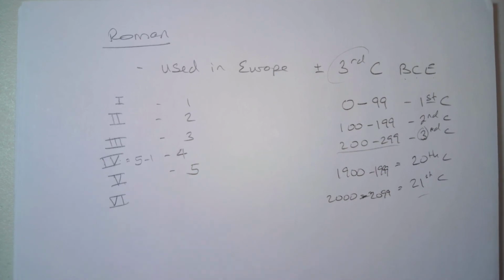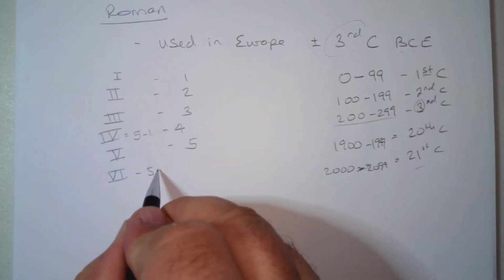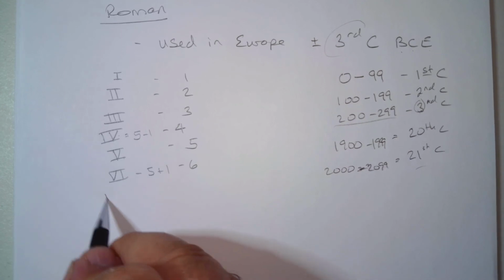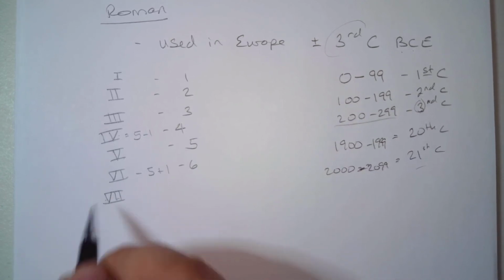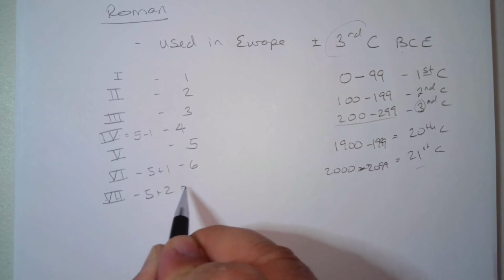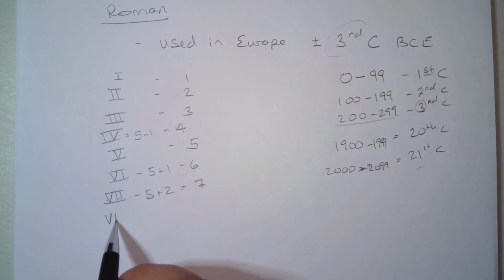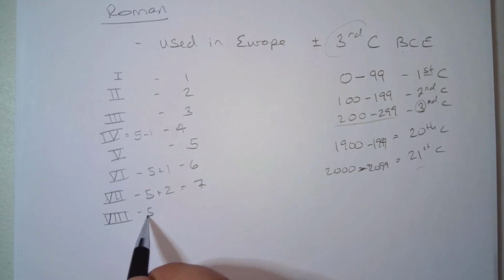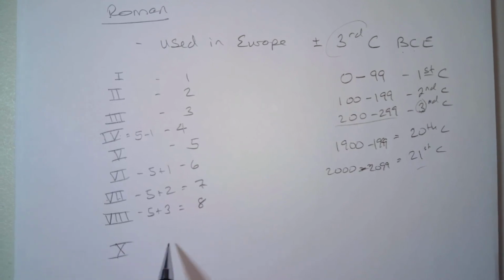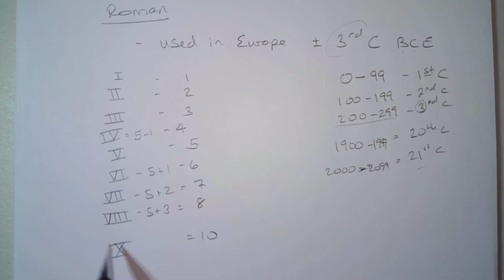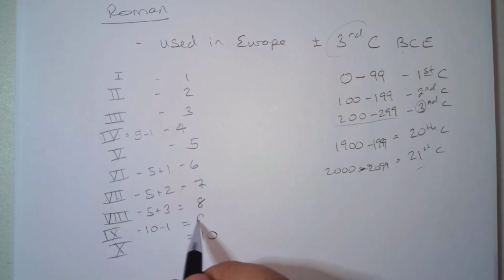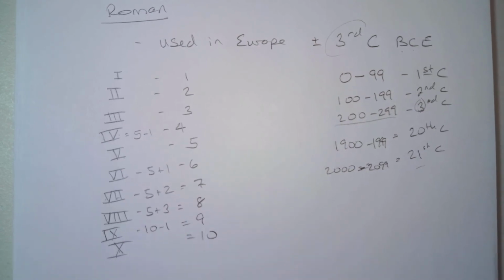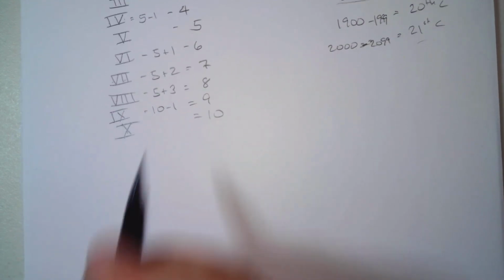If you have the smaller number after the larger number, then you add. The smaller numbers are after the larger, so it's 5 plus 2 is 7. 5 plus 3 equals 8. And we'll go all the way down to 10. Again, what's 9? It's 1 before 10. So it's IX, so it's 10 minus 1. And we keep on going.